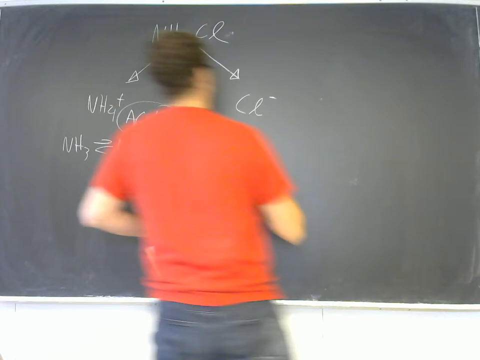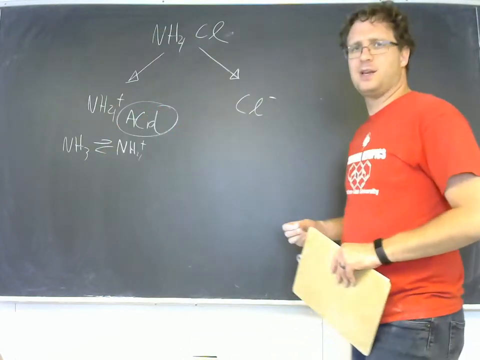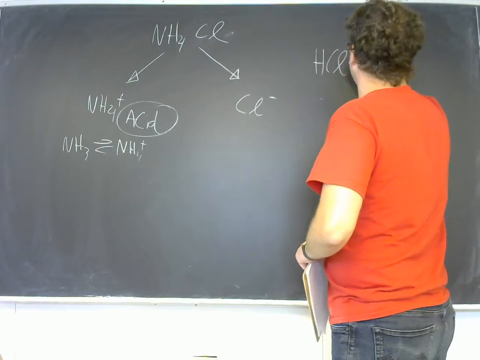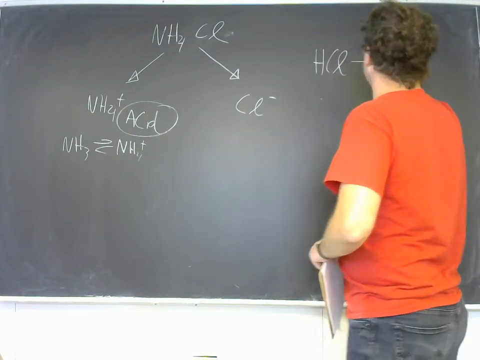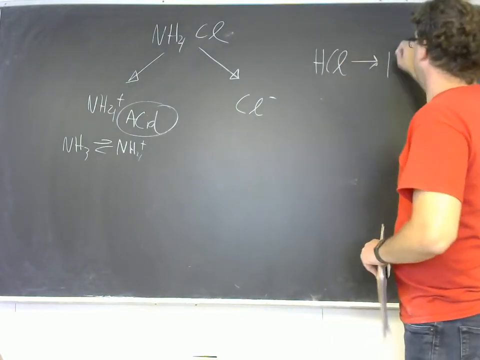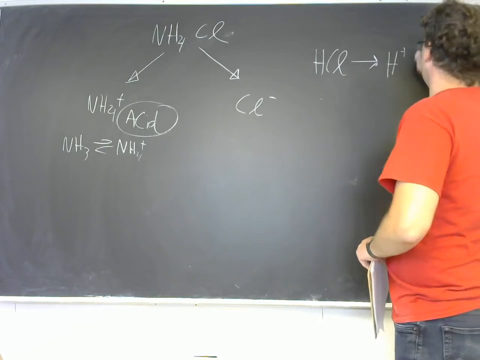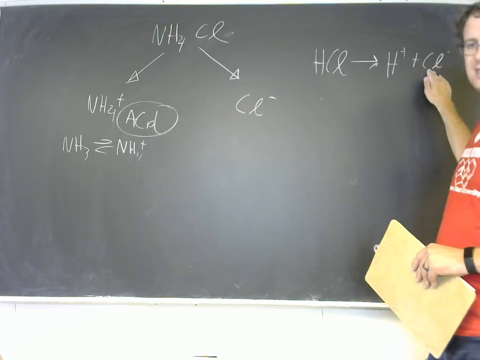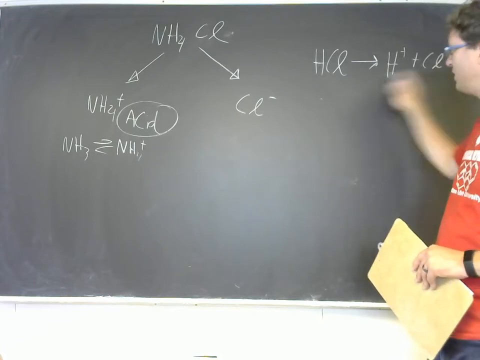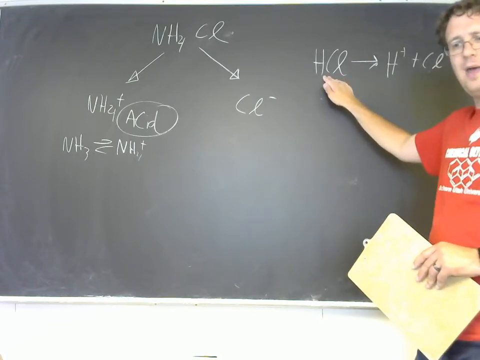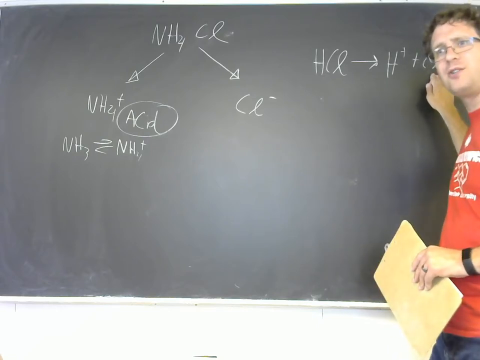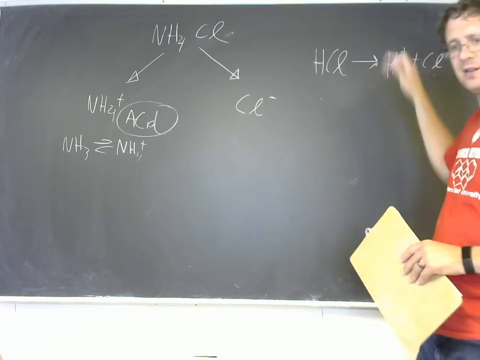Now let's look at Cl-. Cl- can be said to be a part of an acid-base reaction. HCl will dissociate into H+ and Cl-. That makes Cl- technically the conjugate base to HCl, but it is only a conjugate base in the most technical sense in this very particular context.